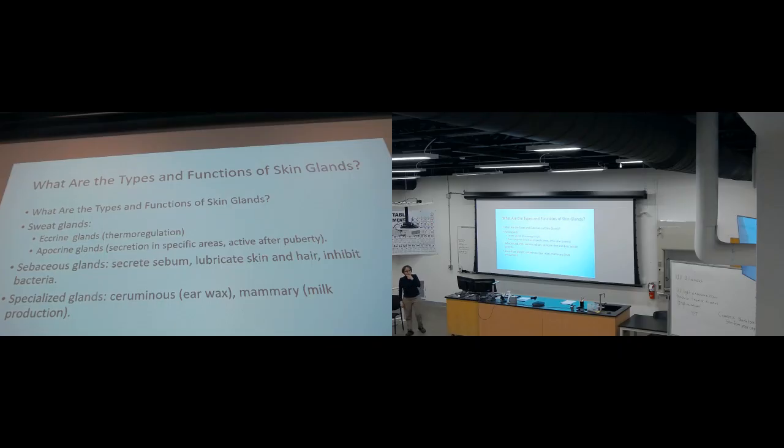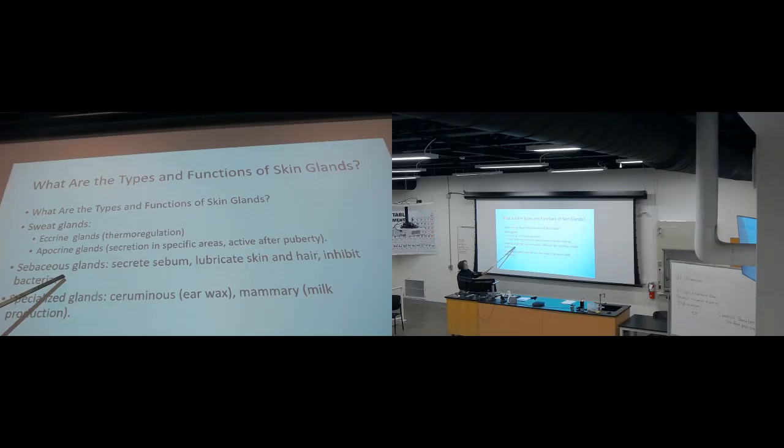These ones secrete after puberty, and when these glands become populated with bacteria, they provide a malodorous type of secretion. And these apocrine glands basically shed their entire secretion into the surface of the skin.